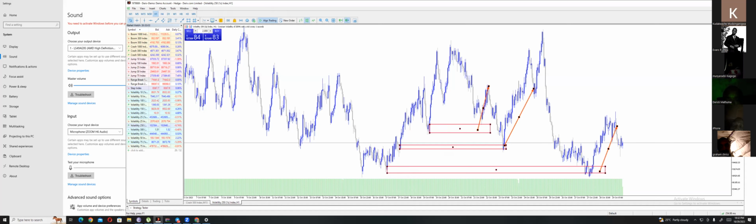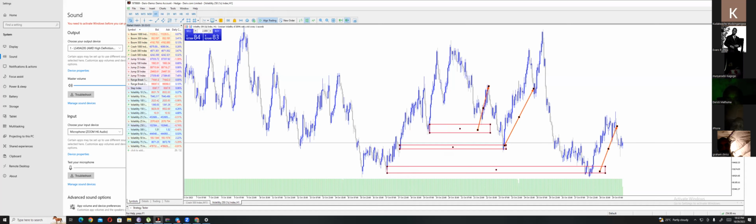So now I want to show you something. If you are able to now go in those order blocks and then switch to your M1, remember what I taught you. Remember everything that I taught you when you started this lesson. I said we approach order blocks with market structure.